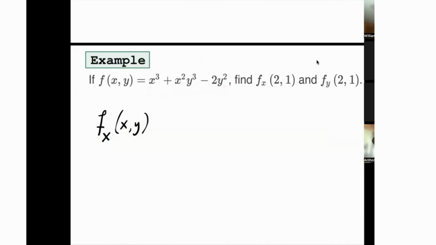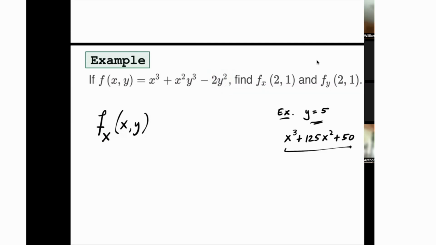Like if, say, y was 2, this would be the number 8, and this would also be the number 8. For example, let's say y was equal to 5. In this case, you'd be staring at the polynomial x cubed plus 25x squared plus 50.